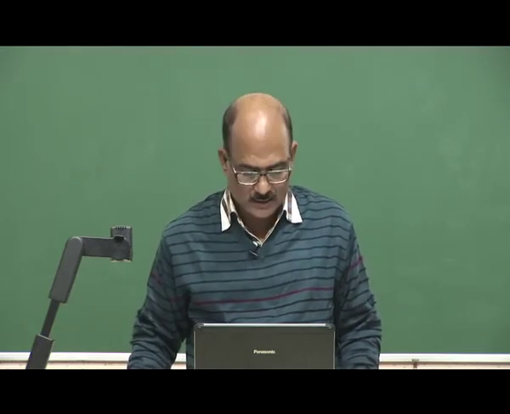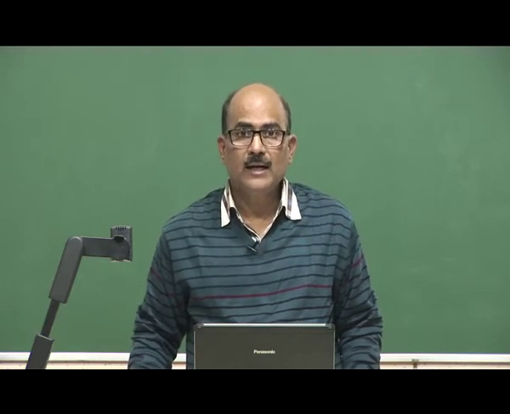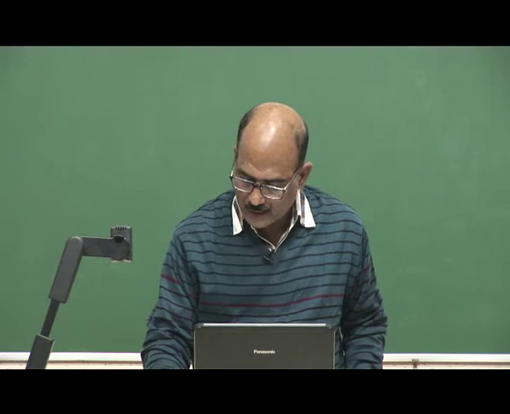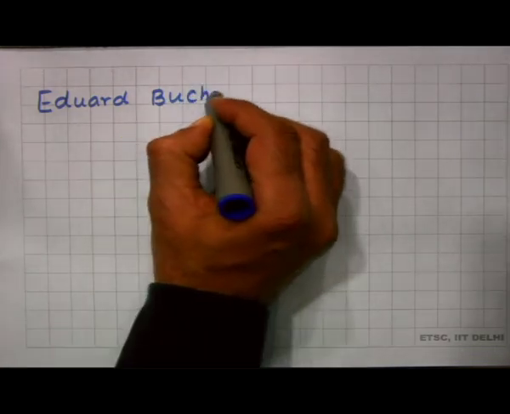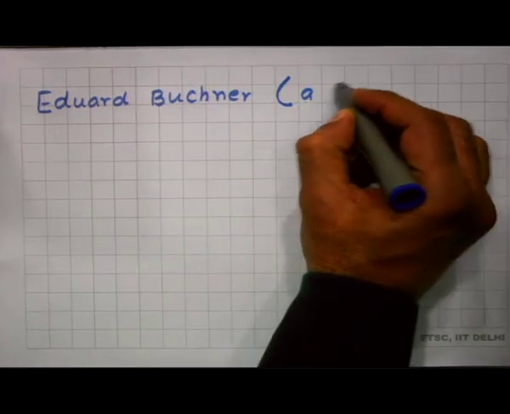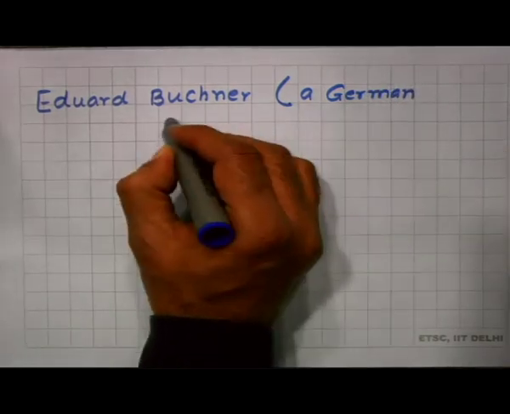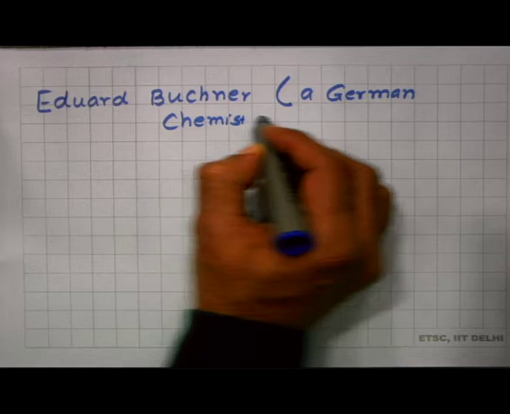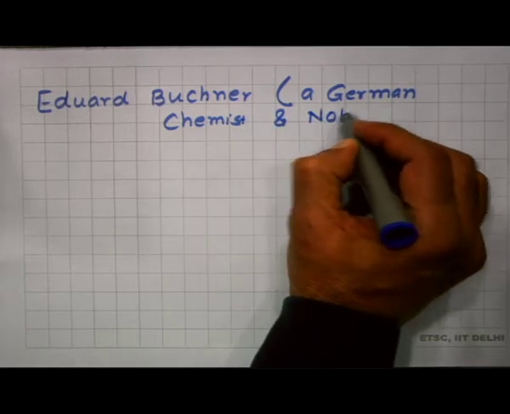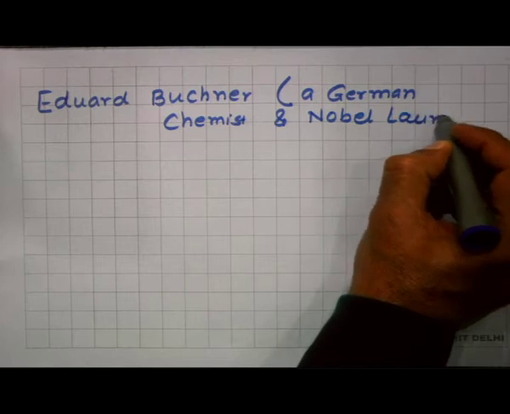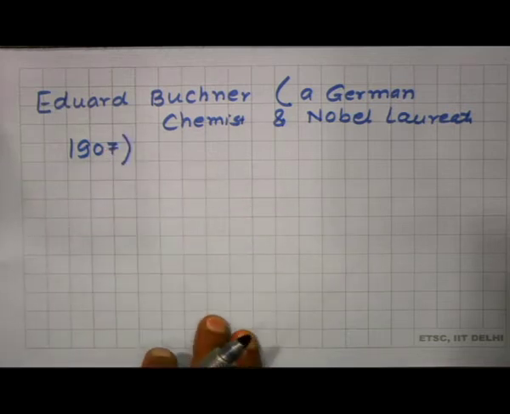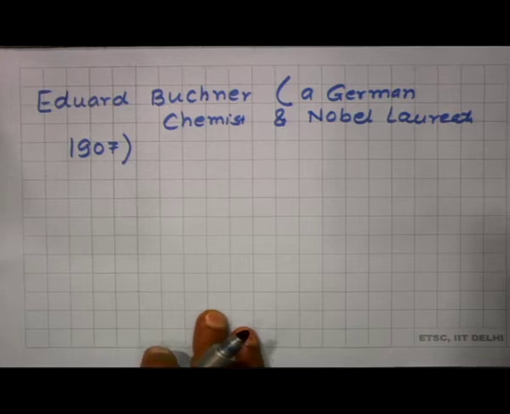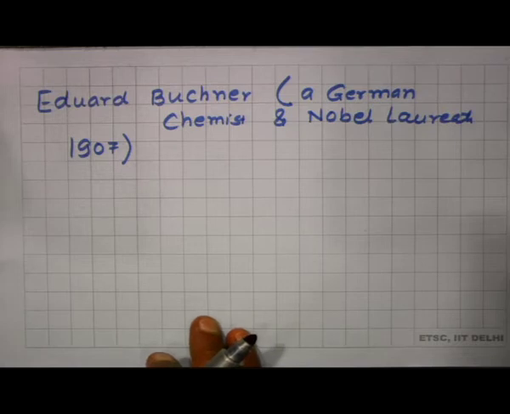Now, the discovery of enzyme is an accidental process. In 1897, Edward Buchner, a German chemist and Nobel Prize winner in 1907, while preparing yeast extract for a medicinal purpose, noticed that the yeast extract was going to be spoiled.